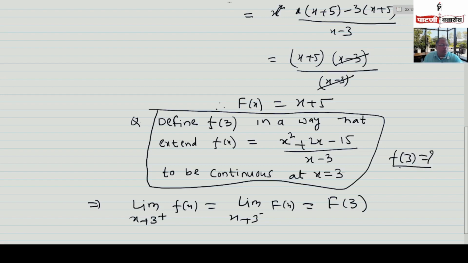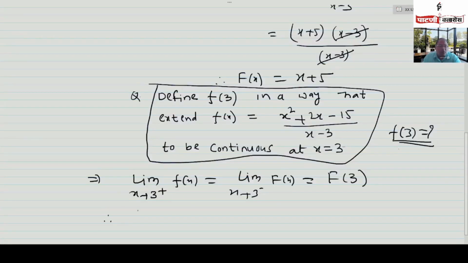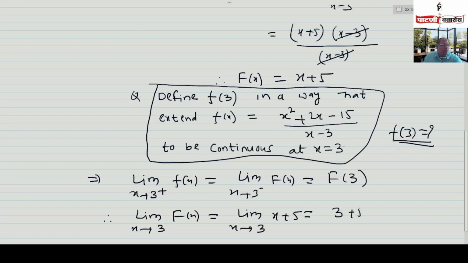The function is already continuous at x equals 3. Therefore, limit x tending to 3 f of x equals limit x tending to 3 of x plus 5 equals 3 plus 5 equals 8.